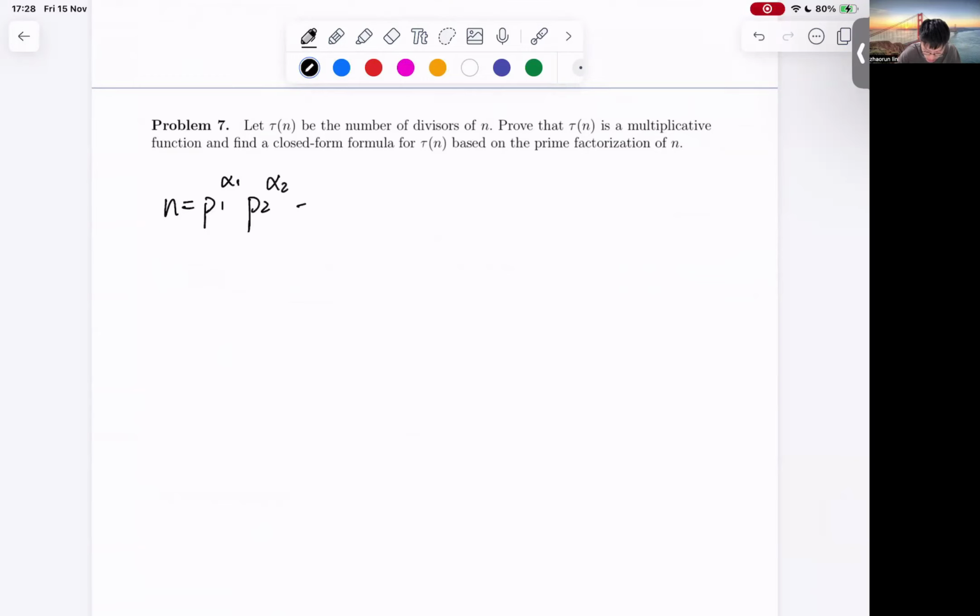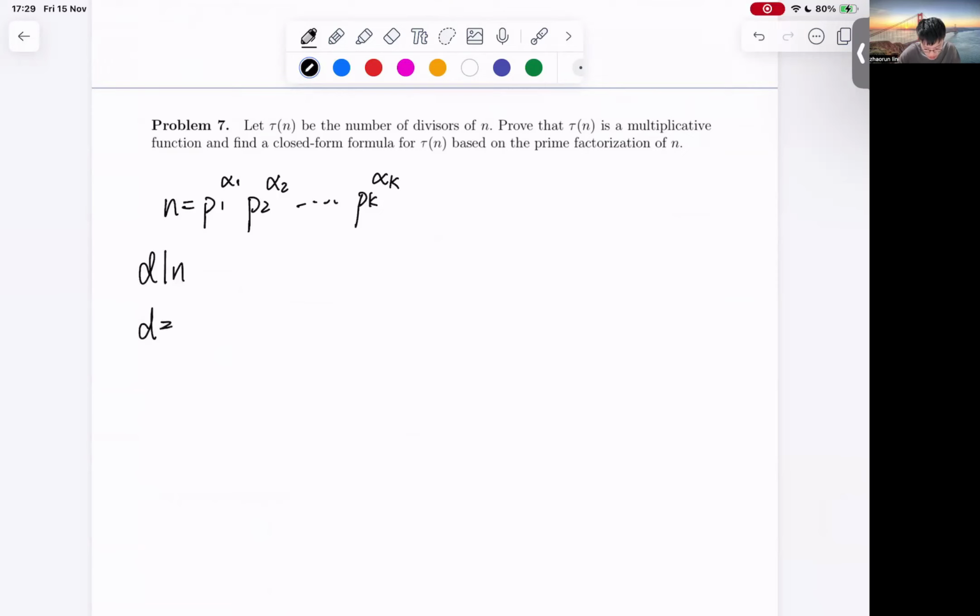So let's first consider the prime factorization of n. This is exactly the same as above. This prime factorization. And now we consider a divisor of n.